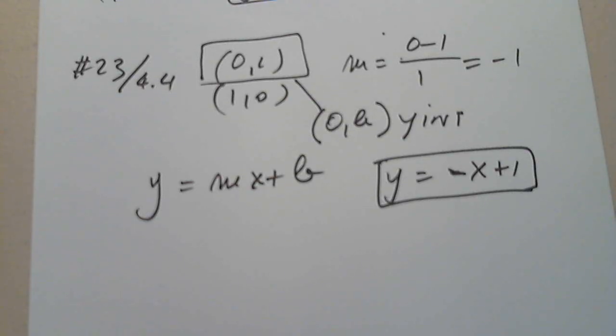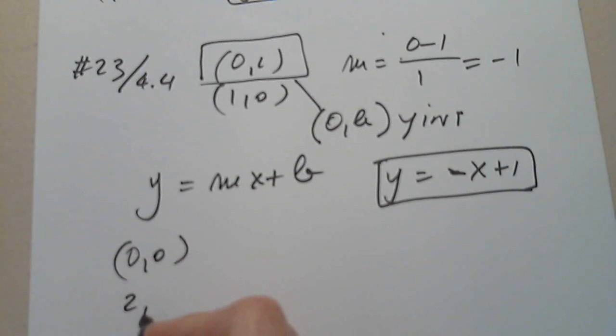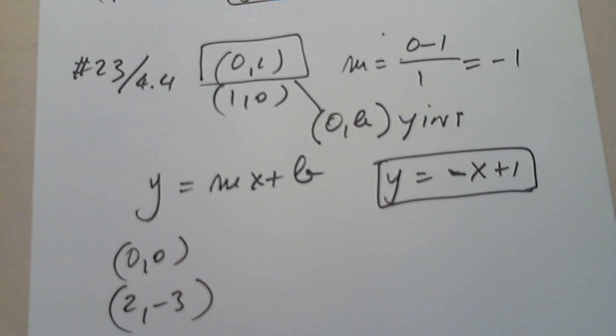Then use these to write an equation of the line. So can anyone read the points to us? You got 0, 0, and then you got 2, minus 3. Good. So we have 0, 0, and 2, negative 3. Good. So let's determine the slope and the y and the equation.